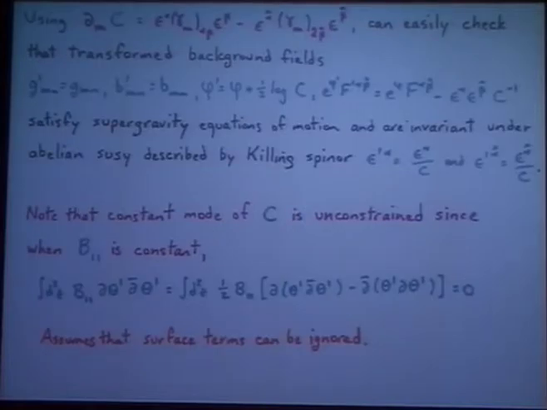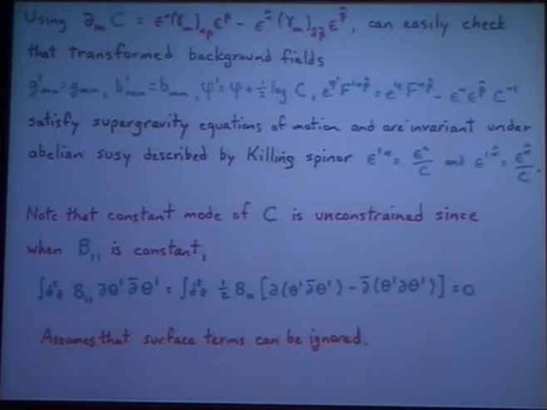Okay, so using this relation that I just told you between the space-time derivative of C and these Killing spinors, one can easily check that the transformed background fields, after doing the fermionic T-duality, satisfy the supergravity equations of motion, of course, assuming that the original background satisfies them. And they're also invariant under a new abelian supersymmetry, which is described by a slightly different Killing spinor.